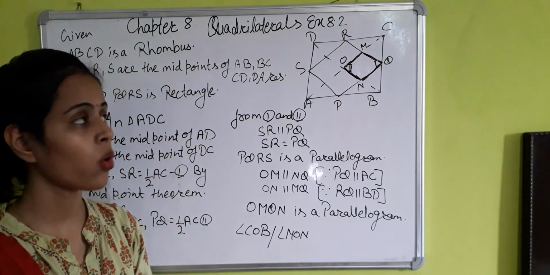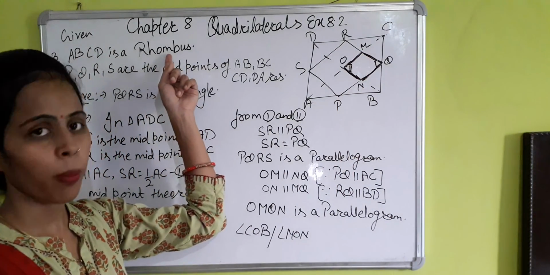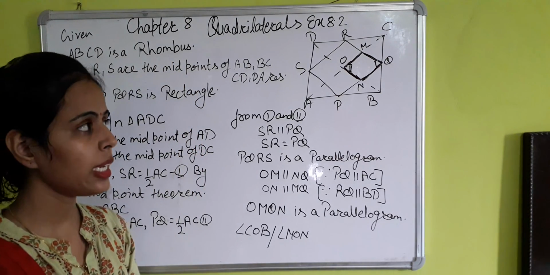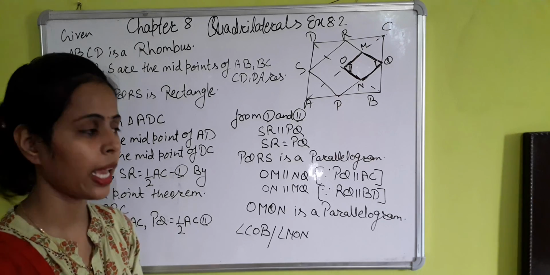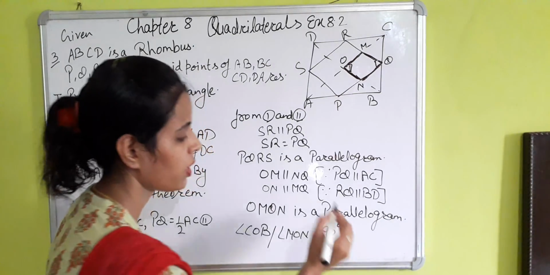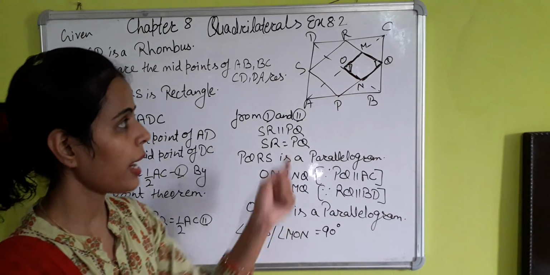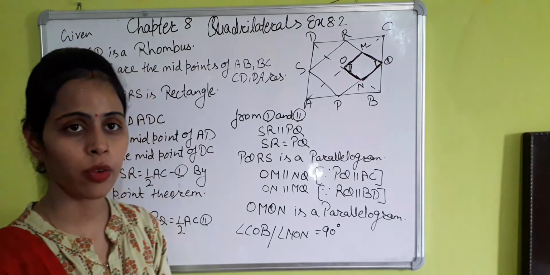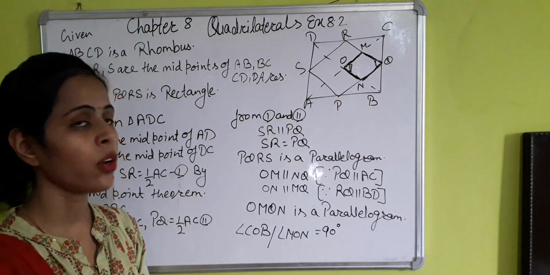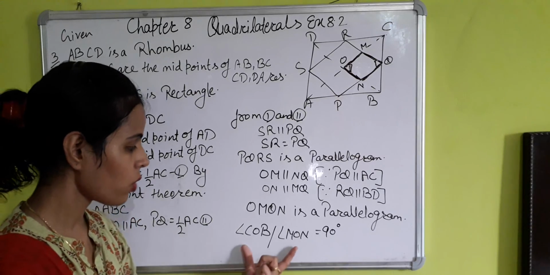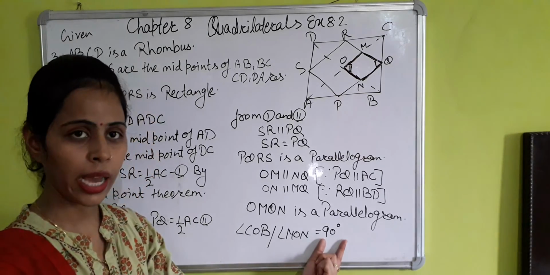Why? Because ABCD is a rhombus, and in a rhombus diagonals bisect each other at right angles. All these angles, AOB, BOC, COD and DOA, are of 90 degrees. So this angle is equal to 90 degrees.